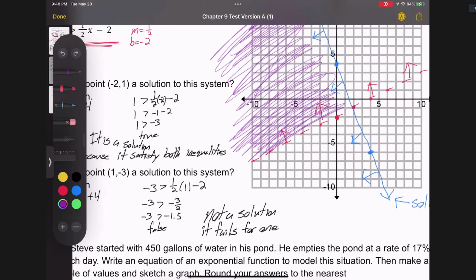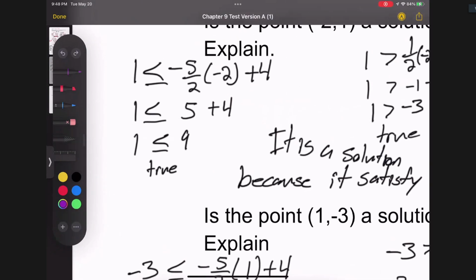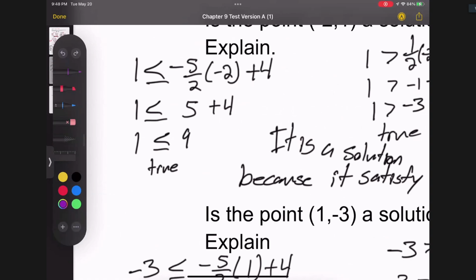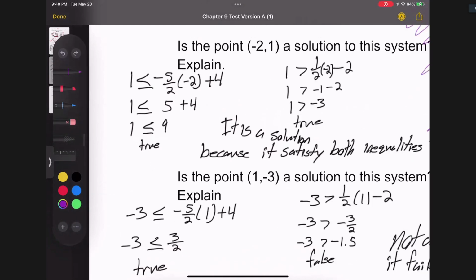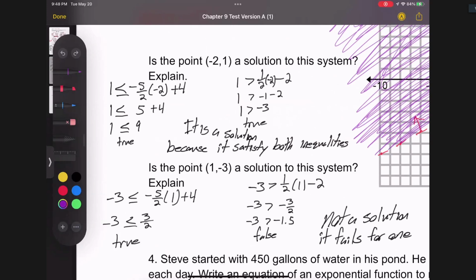I prefer this way because it's a little bit different knowledge that you're getting tested on. In the future, I would change the question slightly. I would say, is this point a solution? Explain your answer algebraically. But since it just says explain, you can explain it this way.